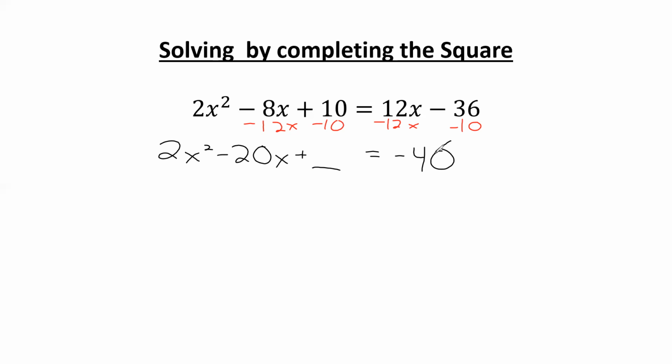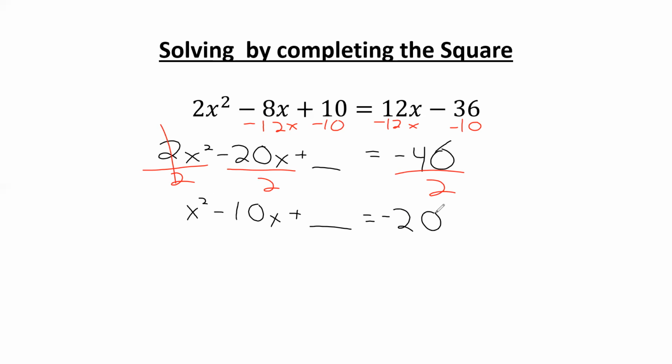So right now it's being multiplied with x squared. I'm going to go ahead and divide it off of every single value. So that 2 will go away. When I do that, I'm left with just x squared minus 10x plus, I still have this blank here. On this side, I have now negative 20.